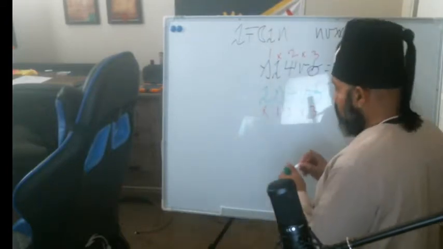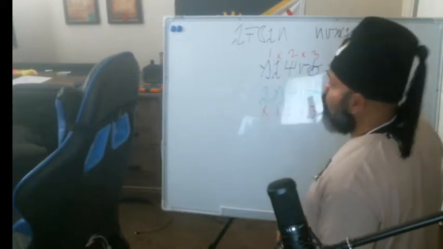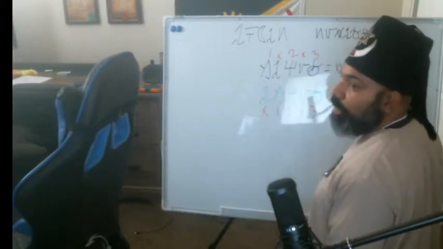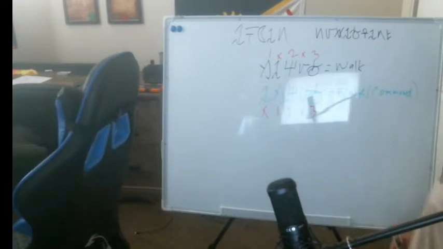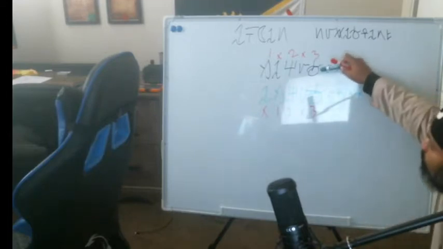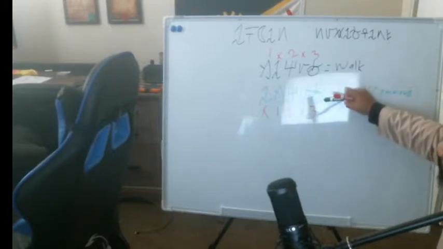So you could see how the forms change by looking, let me get out the way here so you guys can see. You can see the forms change from this root word to the command version of that word, the positive command.